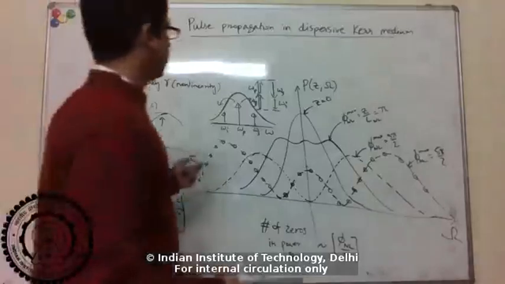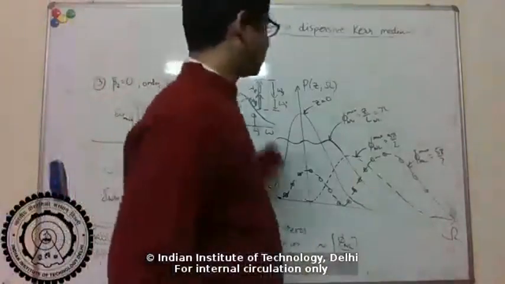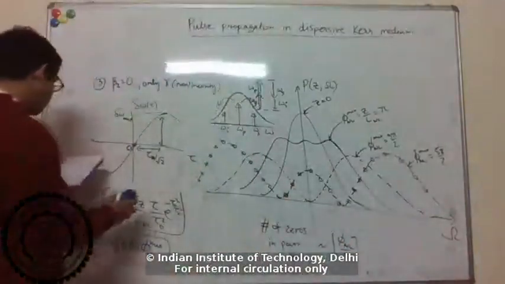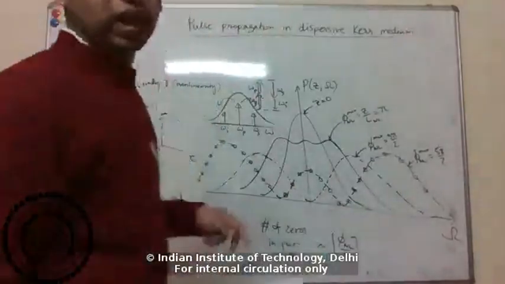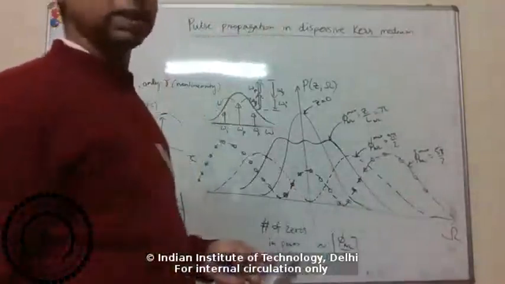So this spectral broadening could be useful, for example, for generating broadband sources, but one place where it's especially useful is for pulse compression, right? So one effort is towards trying to make shorter and shorter optical pulses.